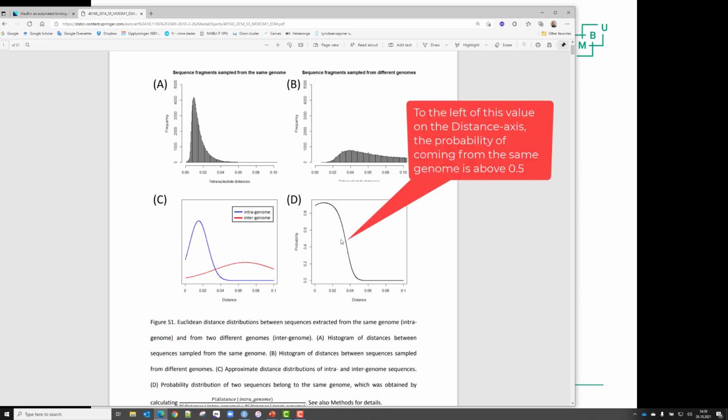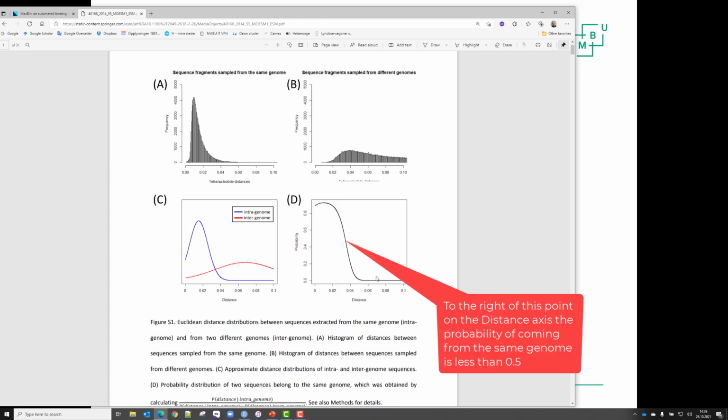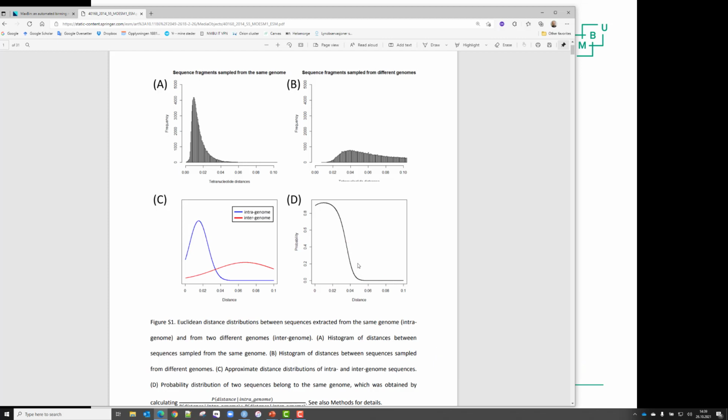If you are below here, it's more than 50% chance the distance is from within a genome. But if you are up here, the chance is less than 50%, and much less, you see here, for being between two genomes. So when you compute the distance between two new contigs, you don't know if they belong to the same genome or not.